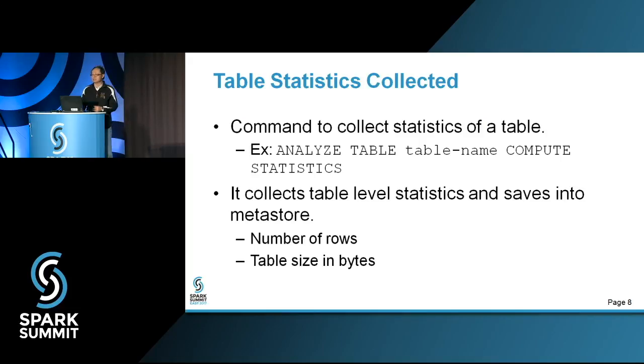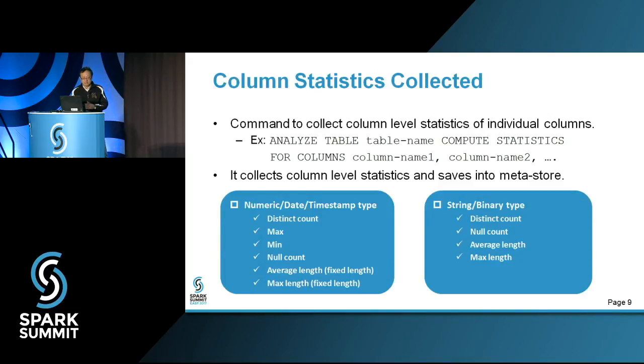We save the information into the metastore. And then we use this command, analyze table name, compute statistics, and we add this clause for columns, and then you can specify the column names. By doing so, we can collect column level statistics.